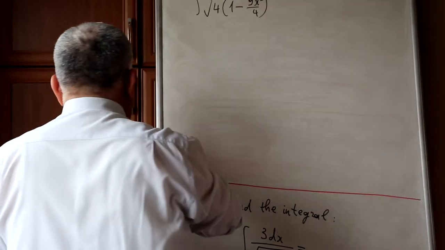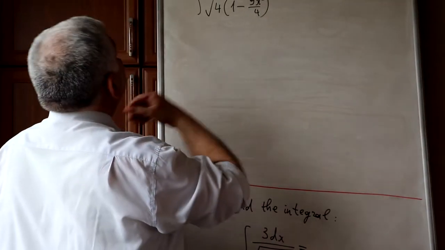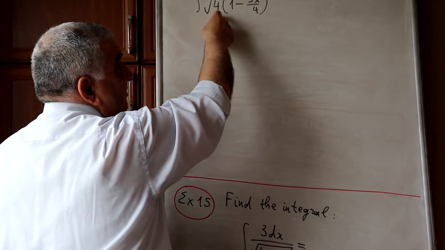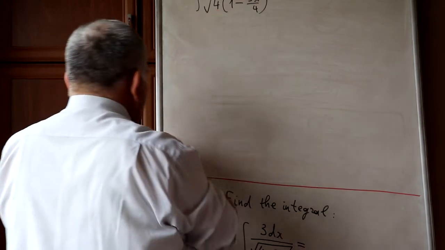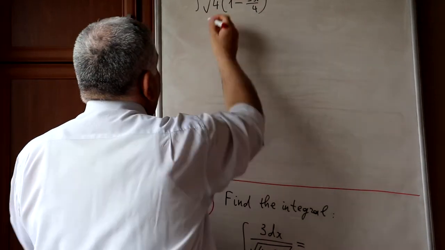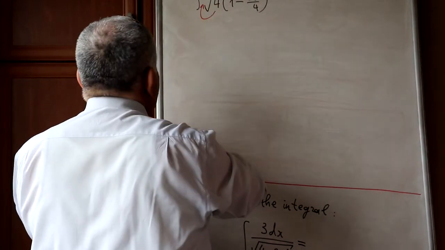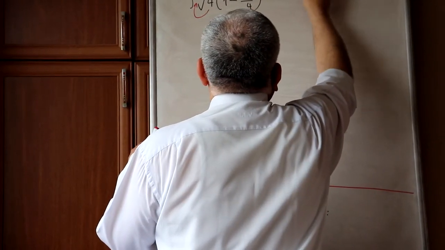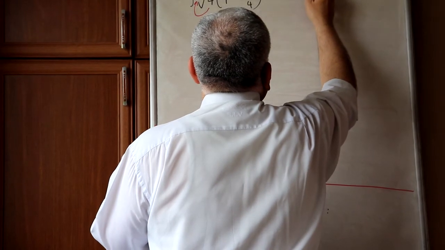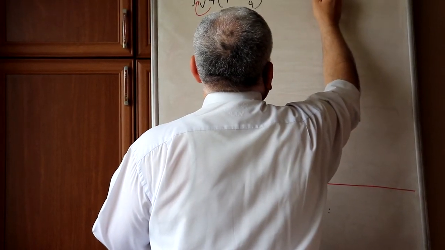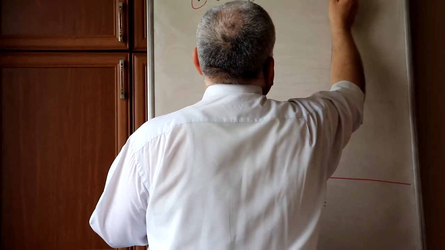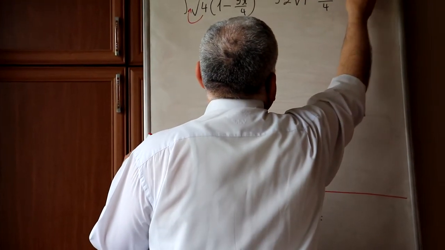Here we can take 4 out of the root expression. Then we will have the integral of 3dx over 2 multiplied by square root of 1 minus 9x squared over 4.